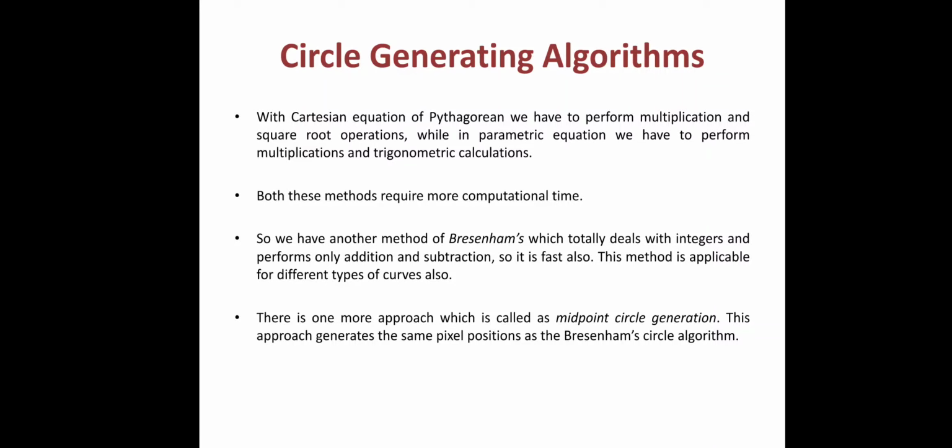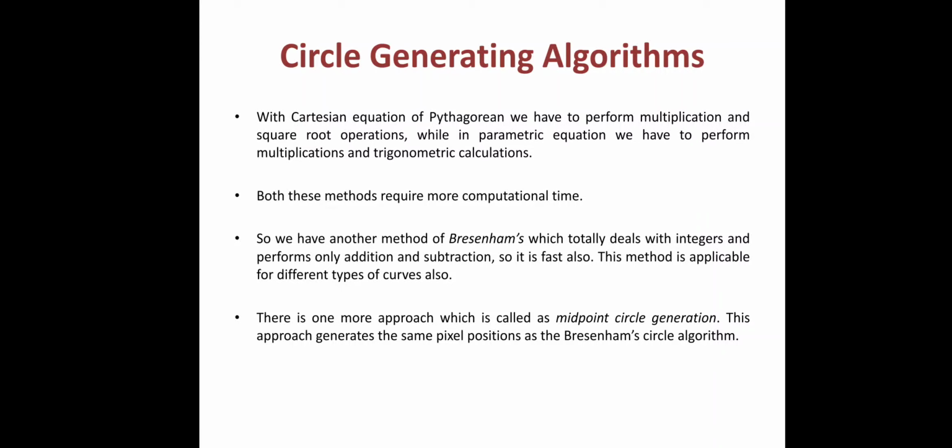So, multiplication is there, and again the trigonometry, that is cos theta. These trigonometric, square root operations and multiplications make the process slow, right. So, whenever we find the points using these methods, it takes more time to draw the circle.